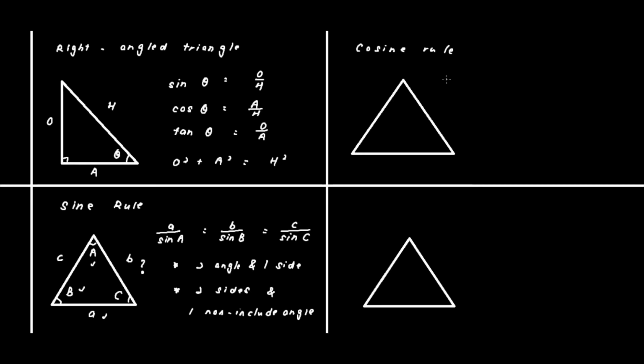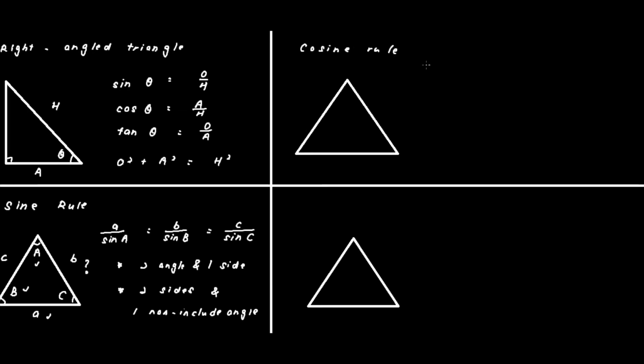For the first one, the formula is a squared equals b squared plus c squared minus 2bc cos A. Okay, so this is the formula that you use to find a side if you have two sides and one included angle.